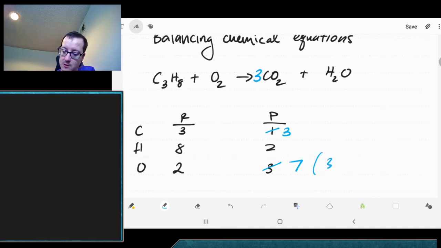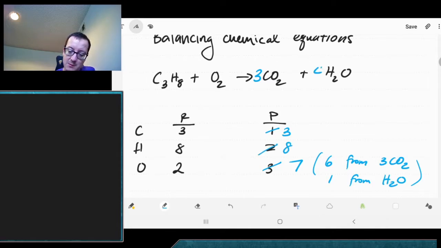Notice that there are 6 from 3CO2 and then 1 from water. So that's 7 altogether. Again, you just have to make sure that you're accounting for those oxygens every time you change something here. We can see with the hydrogen we are going to have 8 on the left, there's 2 on the right, so we need to make that into 8.